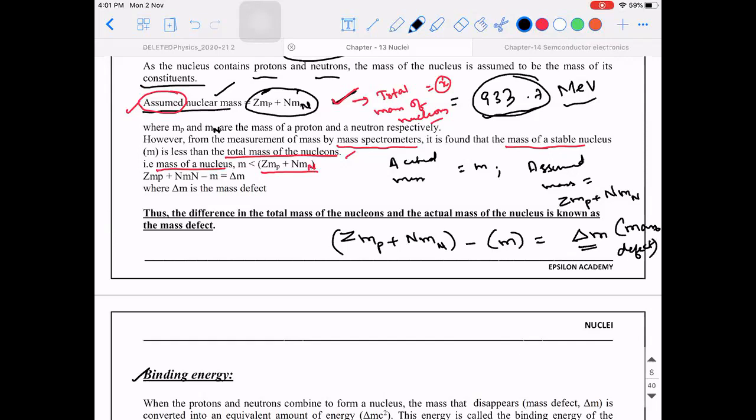Okay, so this delta M is what we call it as the mass defect. So how do you define mass defect? It is the difference in the total mass of the nucleons and the actual mass of the nucleus. Why it is happening, we will see.